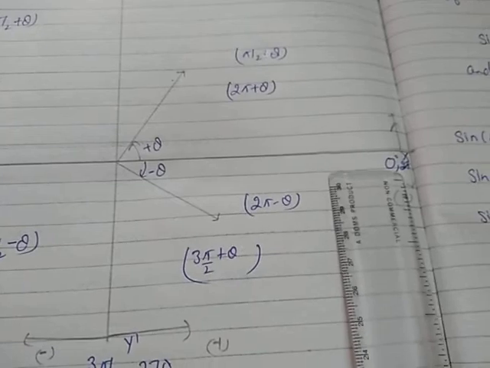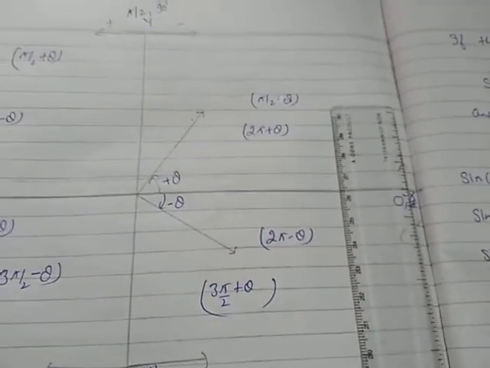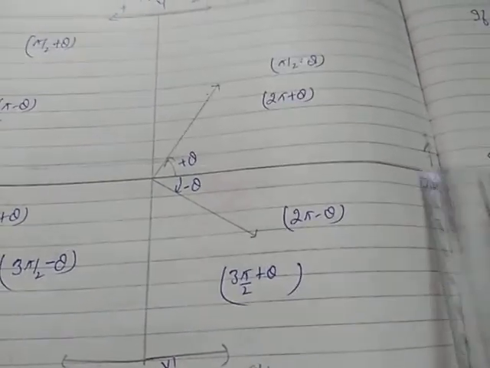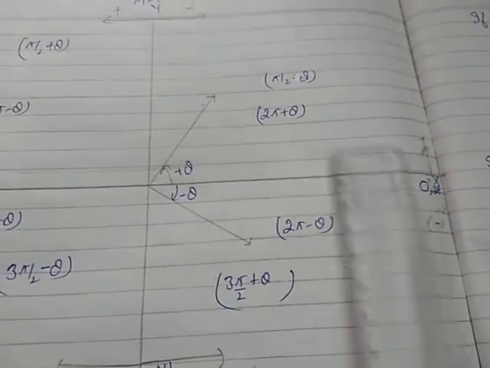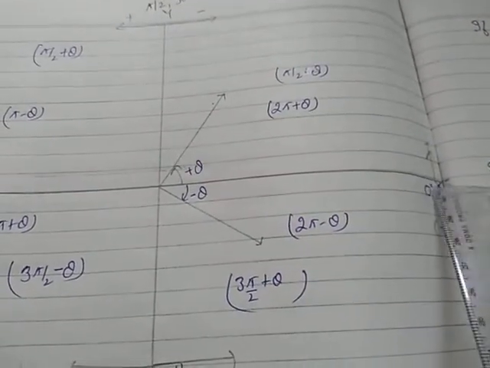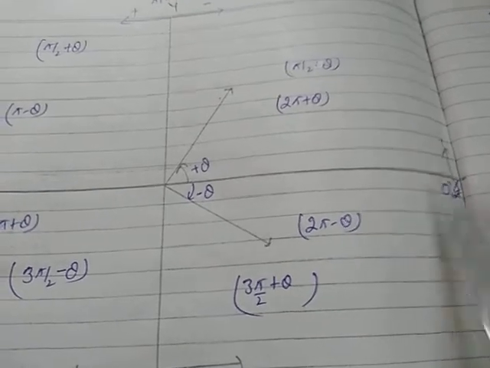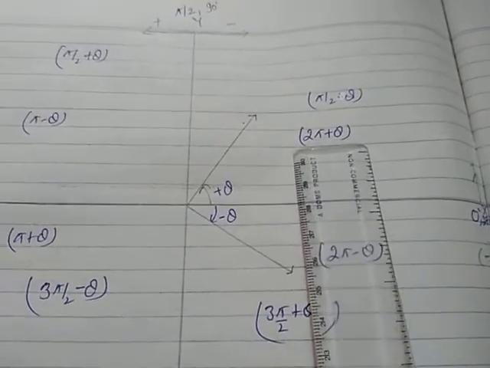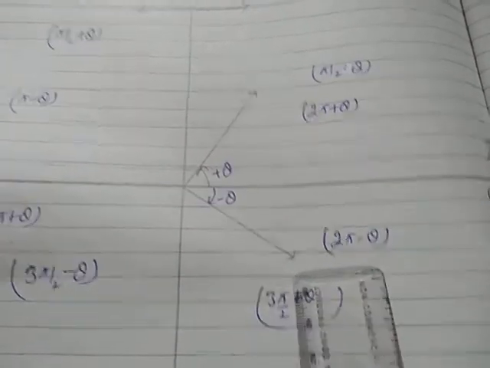If we take reference of 2 pi, then you know that anti-clockwise rotation is positive and clockwise rotation is negative. That's why, here, 2 pi plus is the upward direction, 2 pi minus is the downward direction. That's why 2 pi plus theta lies in the first quadrant and 2 pi minus theta lies in the fourth quadrant. If you take reference of pi by 2, then anti-clockwise is positive and clockwise is negative.